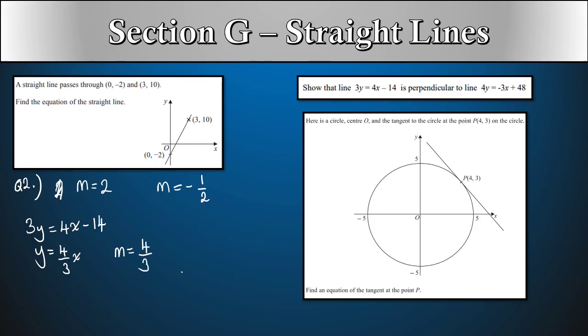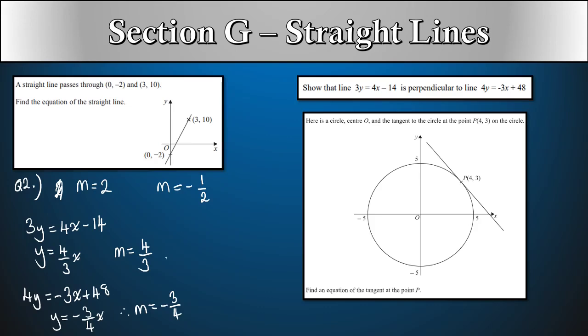Let's do the same with this other line. So 4y is equal to minus 3x plus 48, but again, we're not bothered about that fact. We only care about the gradient. So in that case, we divide by 4 here. That would be minus 3 over 4x.